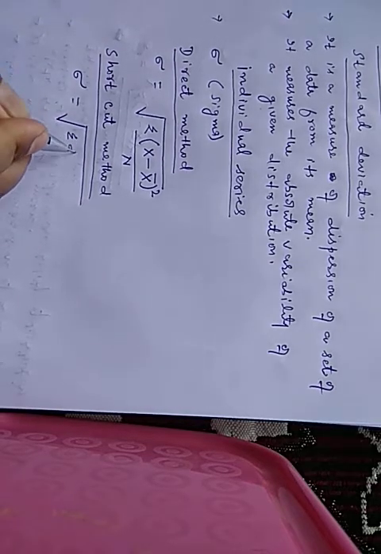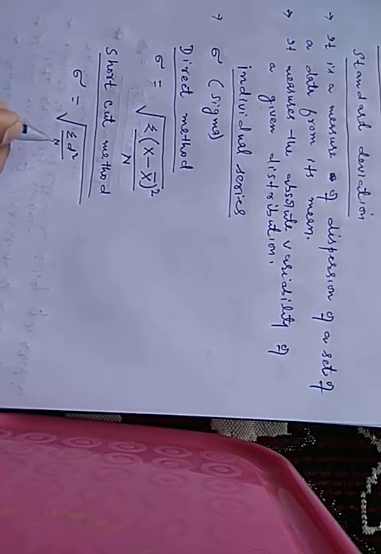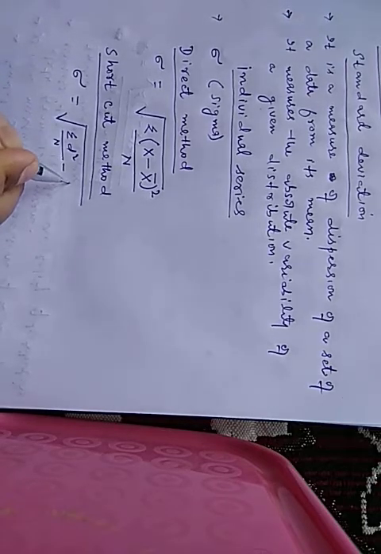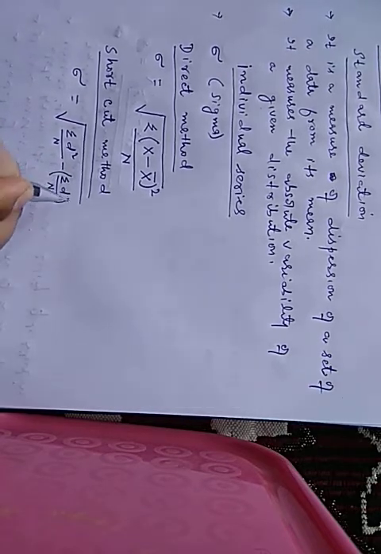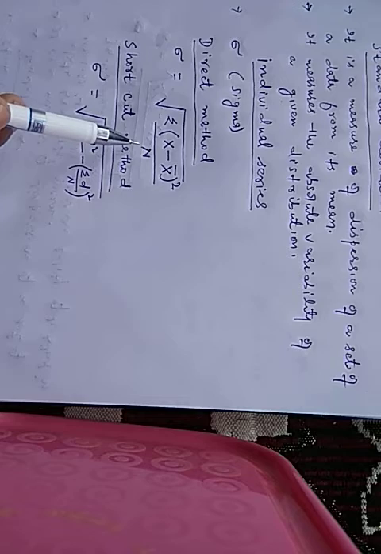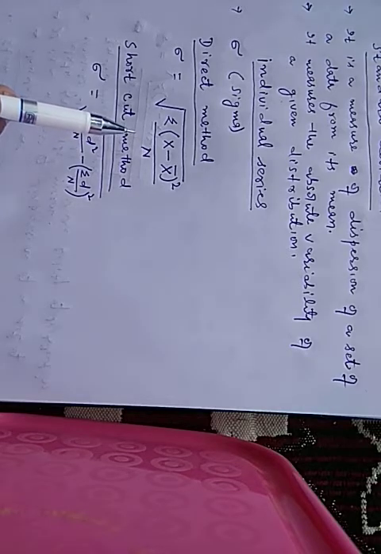Standard deviation, it is equal to under root of sigma d square divided by n minus sigma d divided by n whole square, where n, it shows the number of observations, number of items in a given statistical series in a given distribution, and d means deviations.